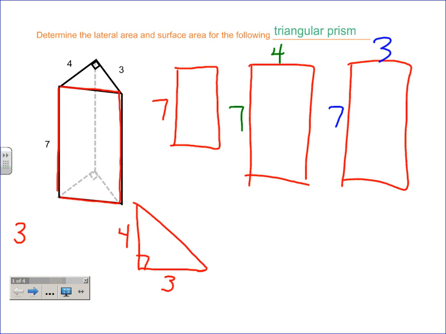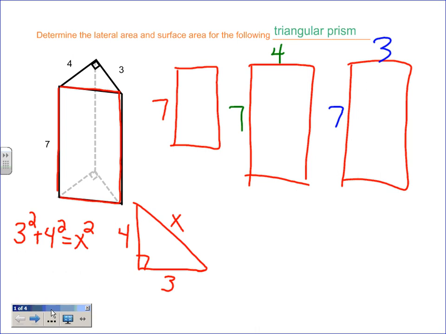If you had forgotten, you would do 3 squared plus 4 squared equals, we'll call it x squared for now. You could do that. I'm hoping you start learning the triples because that's a lot less work, right? So what do we got? 9 plus 16 equals x squared, 25 equals x squared. You take the square root, and we get 5, right? But much quicker just to know that it's 5.